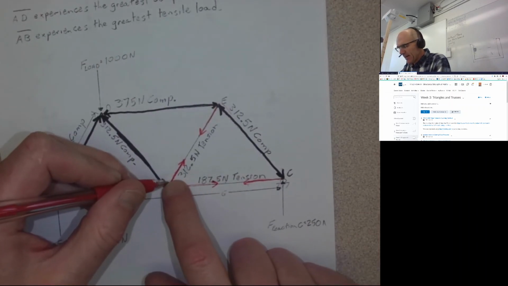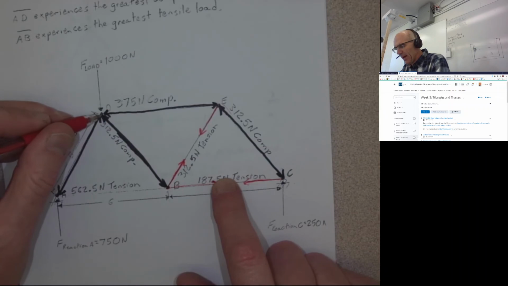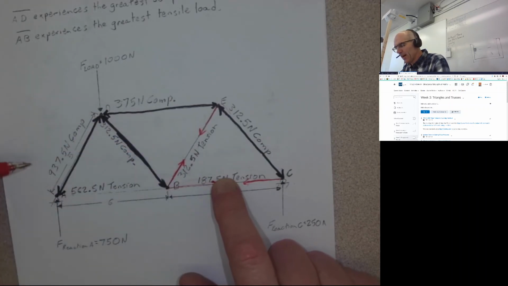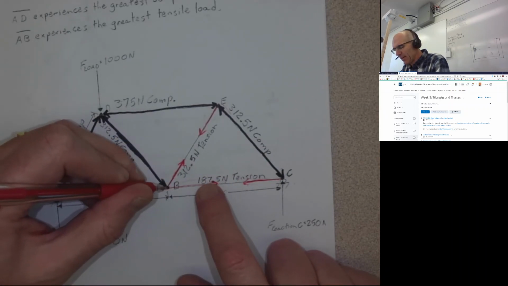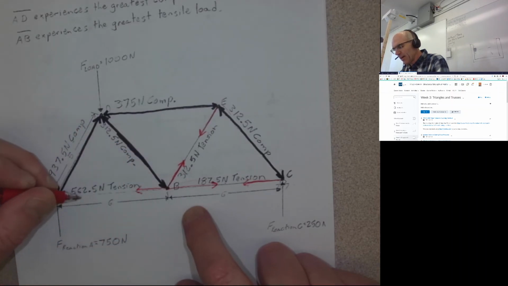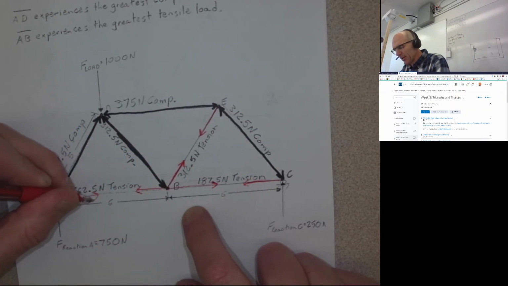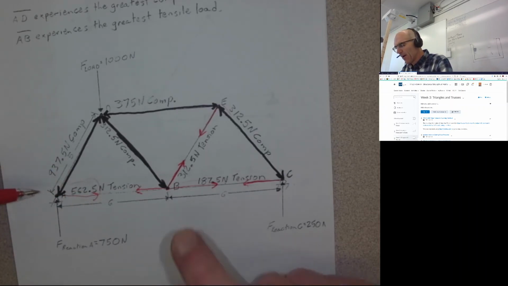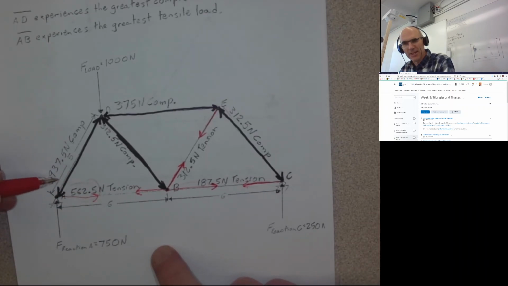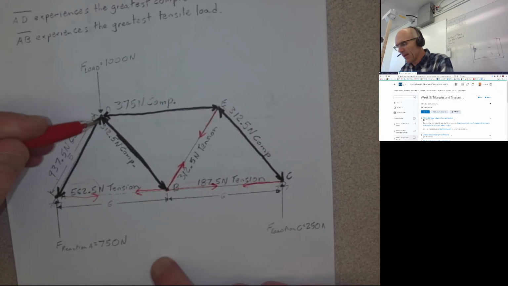We've got E, that tensile member pulling that way, and this compressive member pushing that way. So this one is in even greater tension. In fact, our greatest tension of the entire structure, 562 newtons, which very conveniently is equal to the horizontal component of member AD.